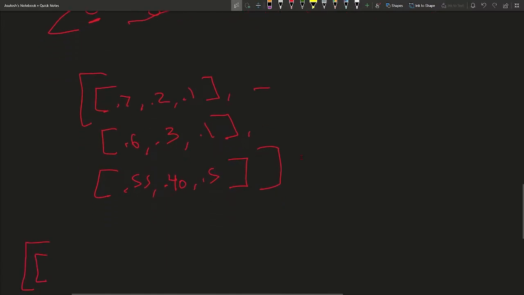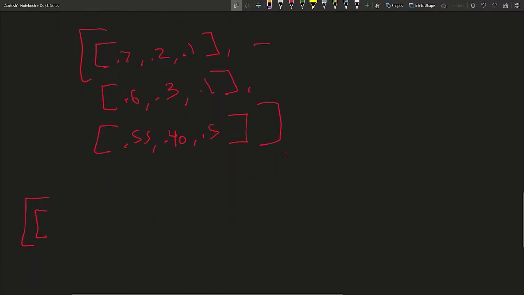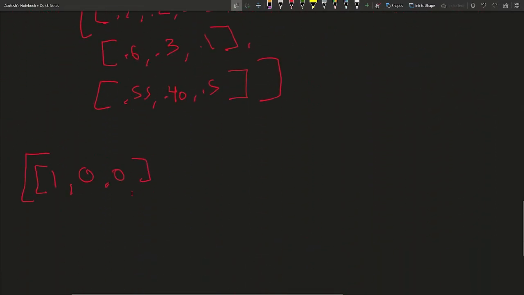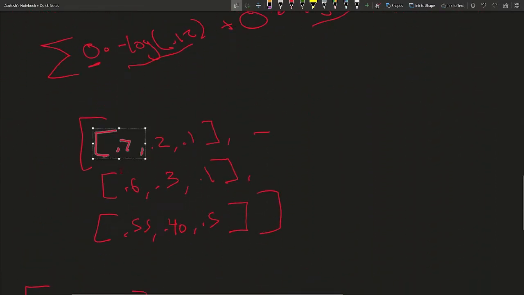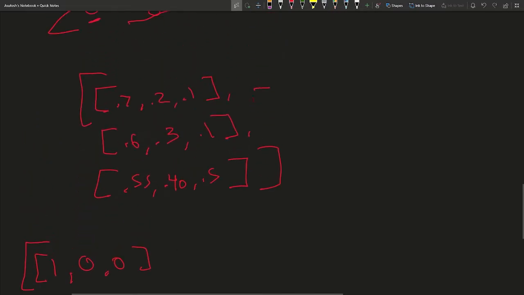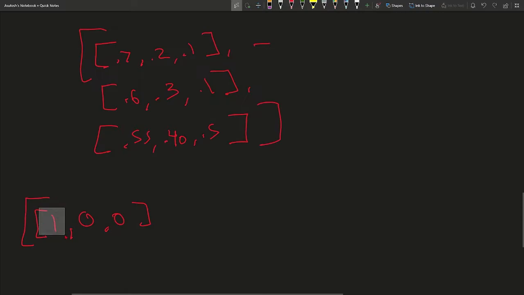So for the first one, the one hot encoded vector could probably be, let's say, a 1, and a 0 and a 0, right? Because what did we say the first index was for? It was a dog. So in this situation, since it's in the 0th index, since the computer knows that the image is a dog, it'll put a 1 in the 0th index for the first one hot encoded vector.